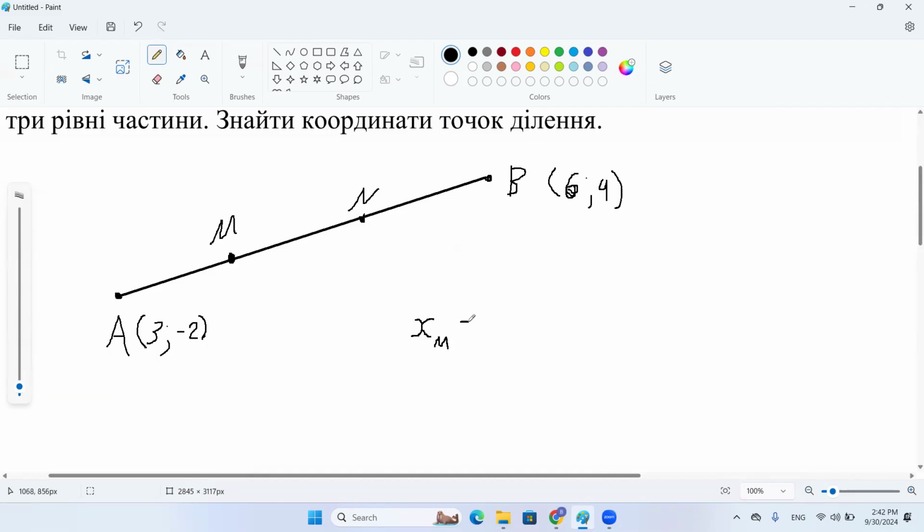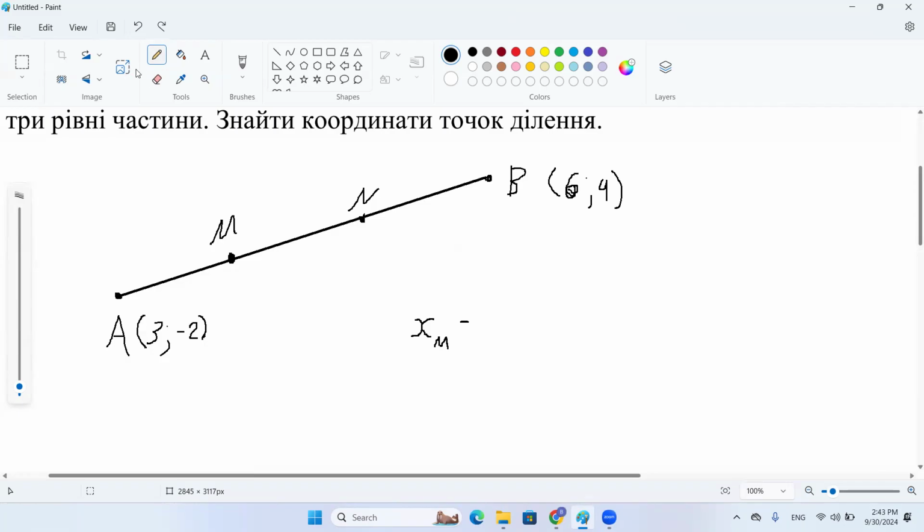I think we can find it from the magnitude of it. No, we don't need magnitude. Okay, the general formula.